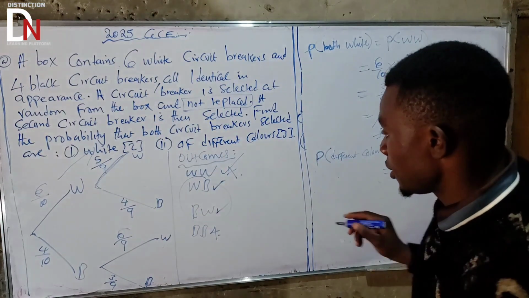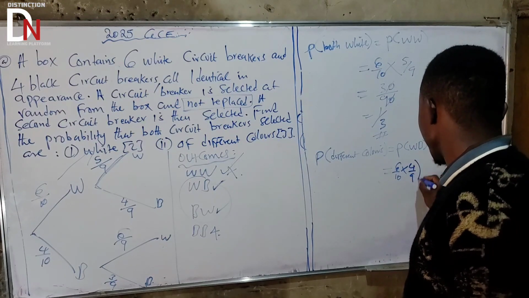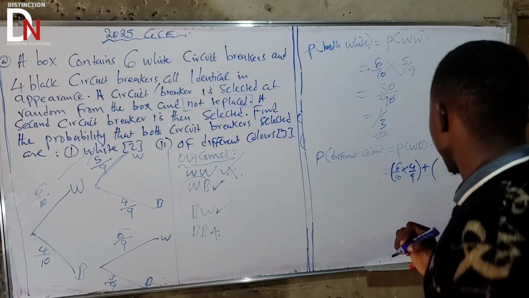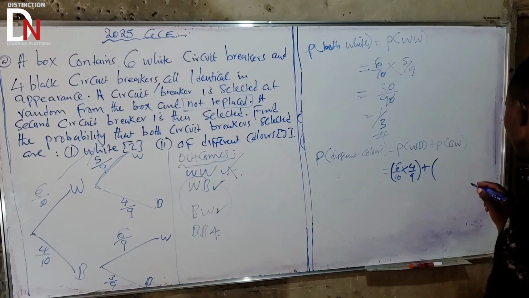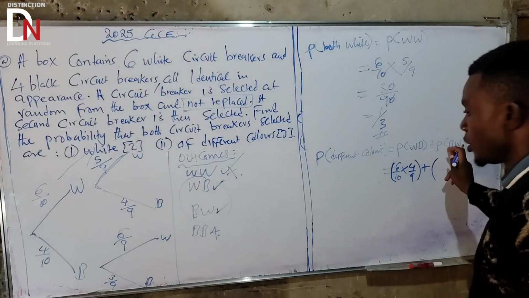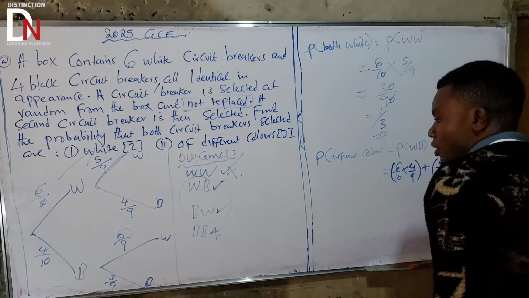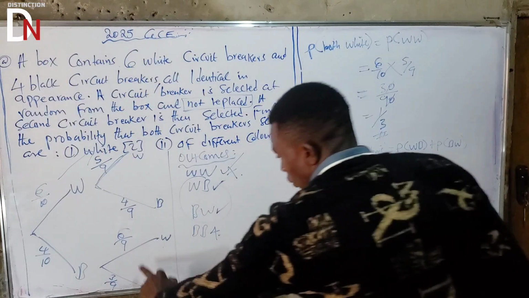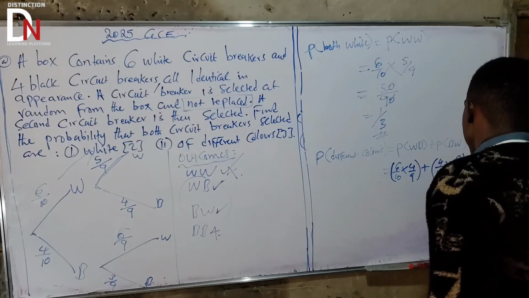This is 4 out of 9, like that, plus what else? I have black, which is 4 out of 10 multiplied by white, which is 6 out of 9, like that.